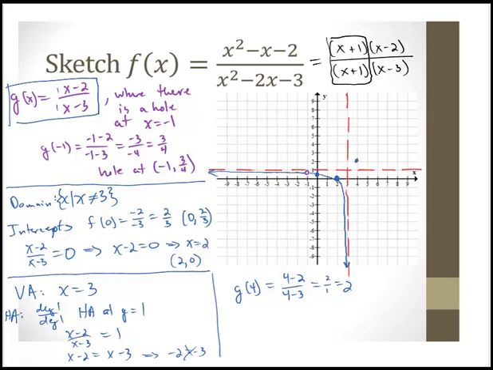And, I don't know, how about g of 8? G of 8 would be 8 minus 2 over 8 minus 3, sorry. And so that's 6 over 5, which is 1.2. So g of 8 is 1.2. That's about here.